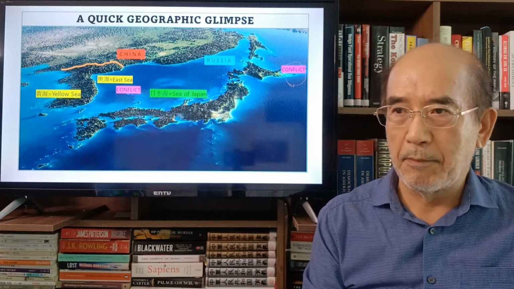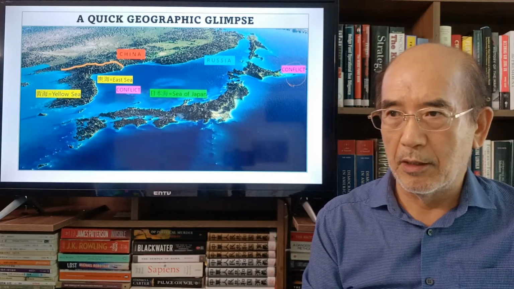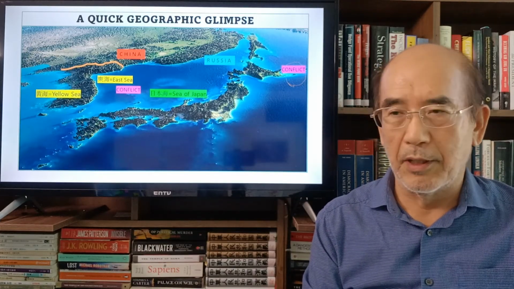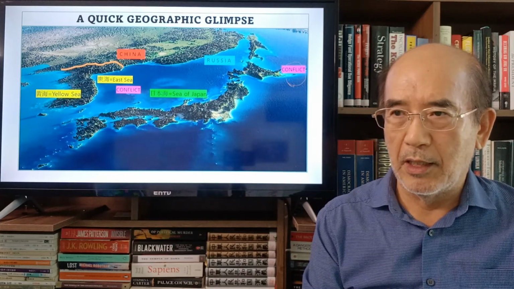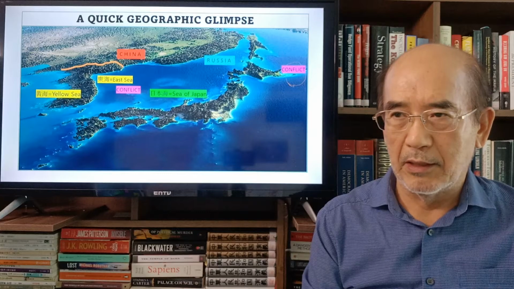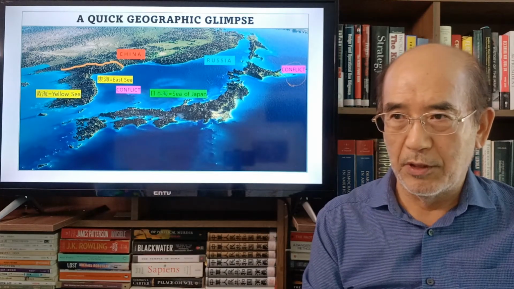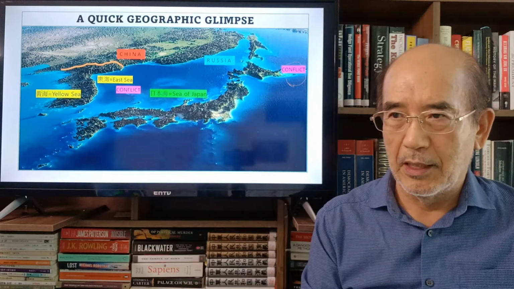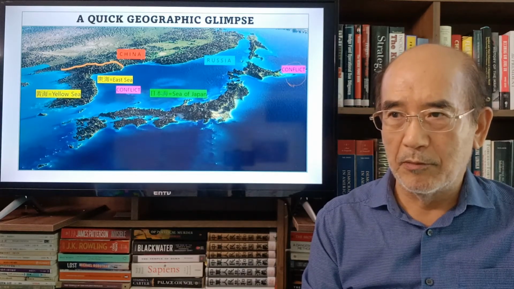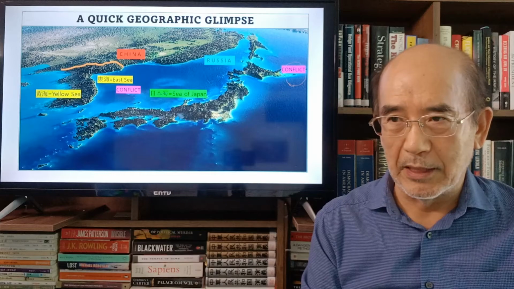Today, the Korean Peninsula, including North and South Korea, still has a conflict with China on the territoriality of the sea between the Korean Peninsula and the Chinese continent. The formal name of the sea is Yellow Sea.